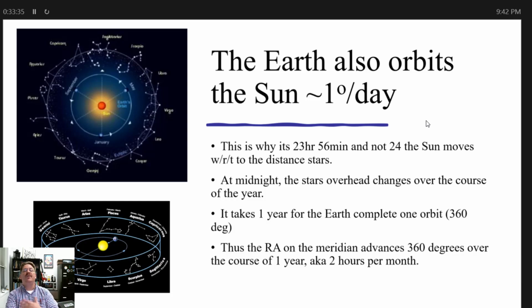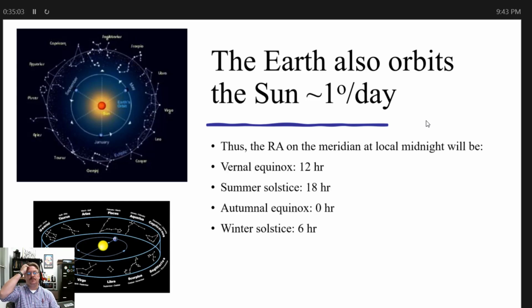So not only do we see different stars based on the fact that the Earth is rotating, but we also see different stars based on the fact that the Earth is revolving around the Sun. Other points of interest are the vernal equinox, the summer solstice, the autumnal equinox, and the winter solstice.